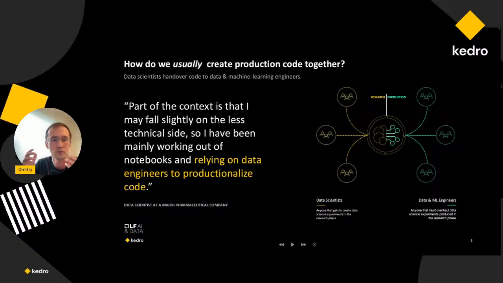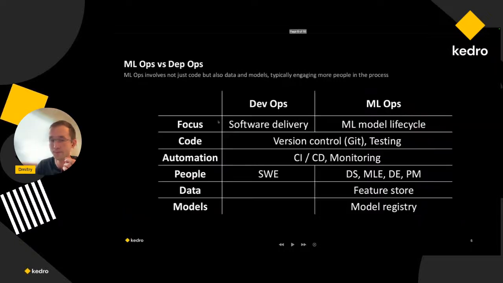Because many more roles are involved in that process, it's often more complicated to agree from day one on standards for how we should collaborate and work together to be more successful and faster in terms of time to production.